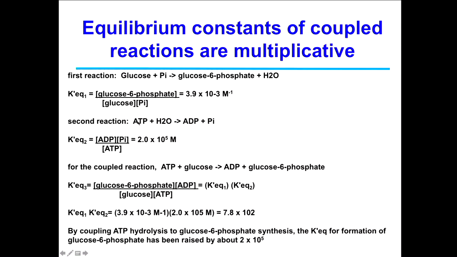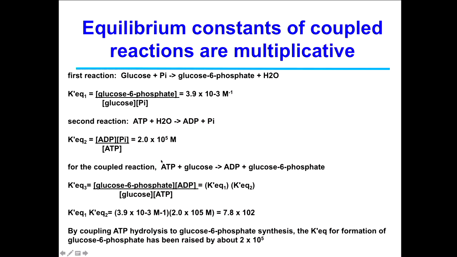The second reaction was ATP plus water going to ADP plus Pi, so ADP to the first power, inorganic phosphate to the first power, over ATP to the first power. And we're given some numbers. Here are the numbers.